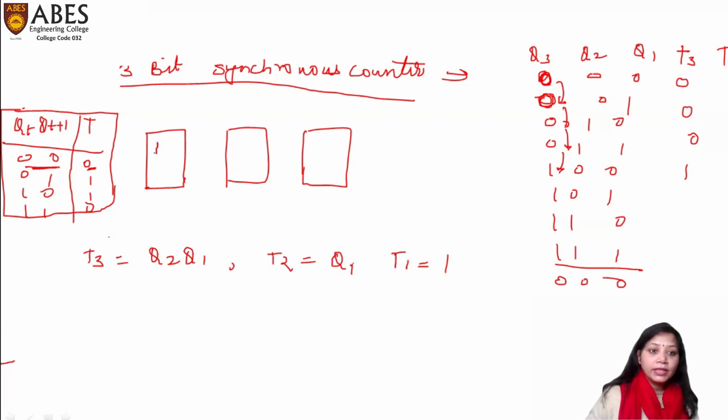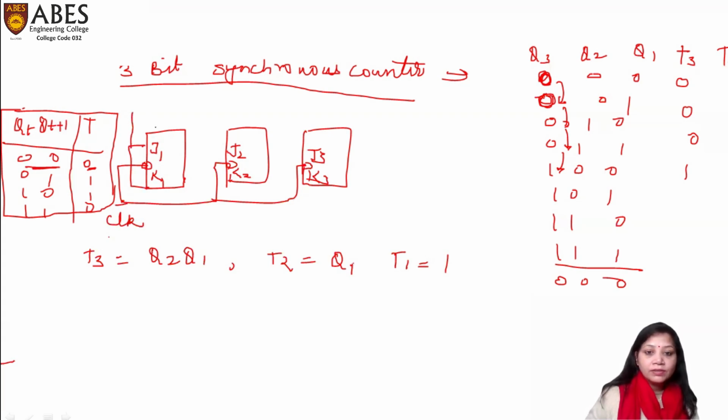So we connect it this way. First of all, the clock pulses are connected simultaneously. This is a synchronous counter. Sorry, we are making it here with the help of T flip-flop.